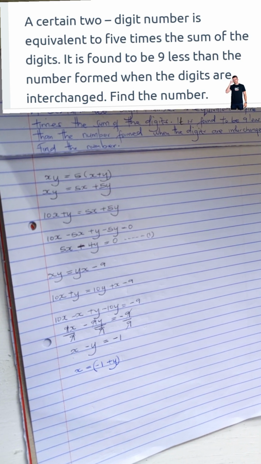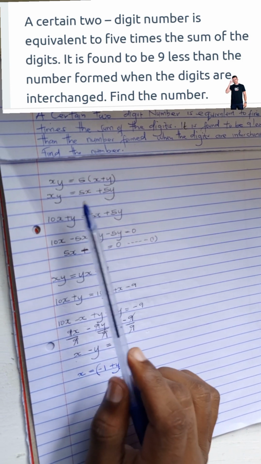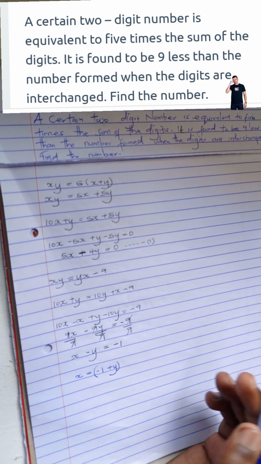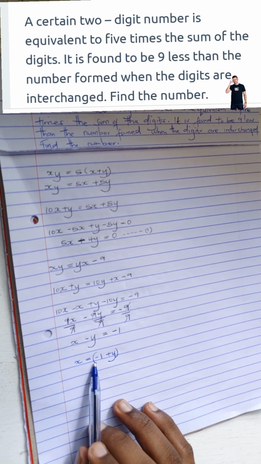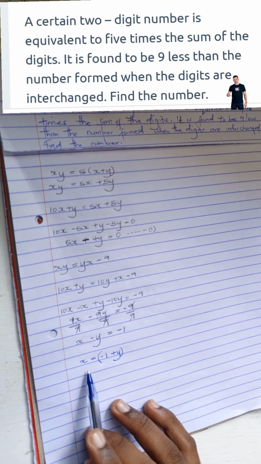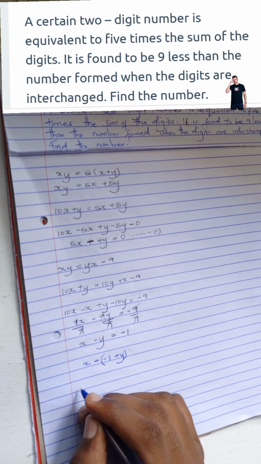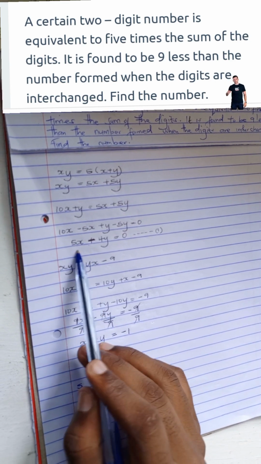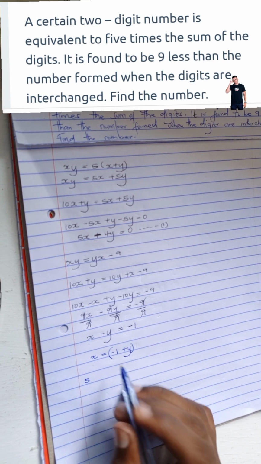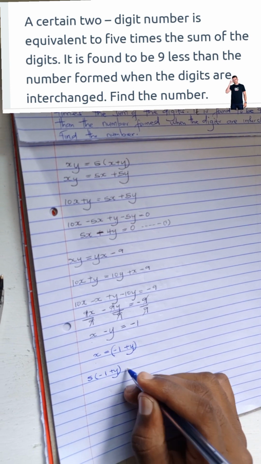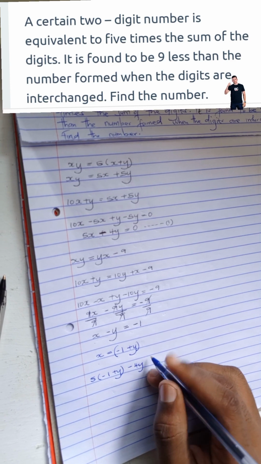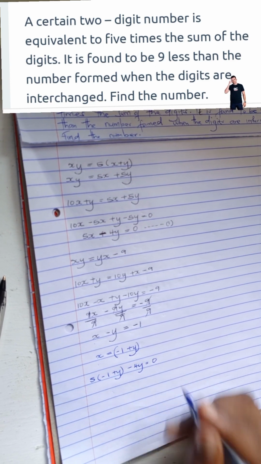So I'm going to pick my first equation. I'll use the equation up here, or either of the equations formed, to get the value of y now that we have the value of x. In this case, I'm going to take this equation right here. Now we have the value of x as negative 1 plus y, so 5 times that, minus 4y, should be equal to 0.